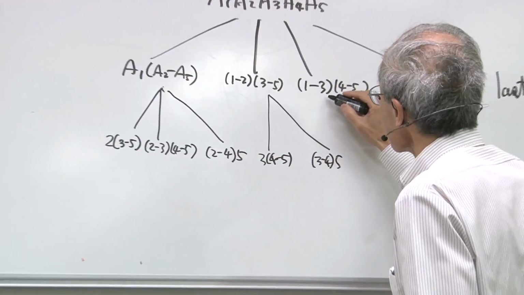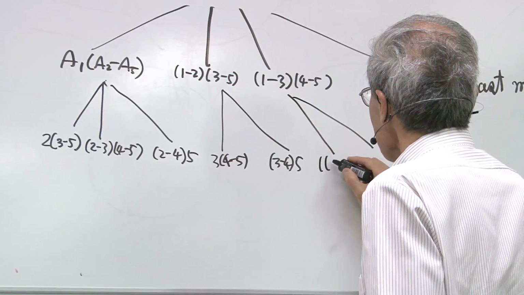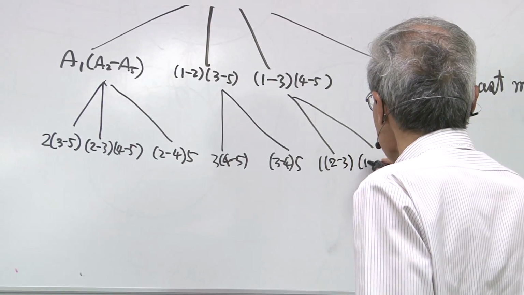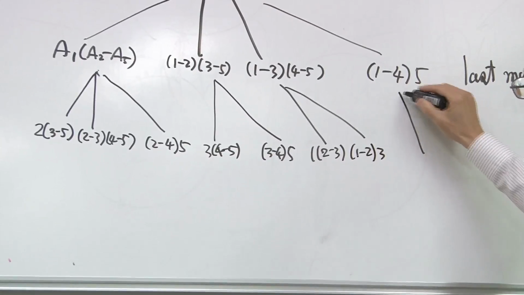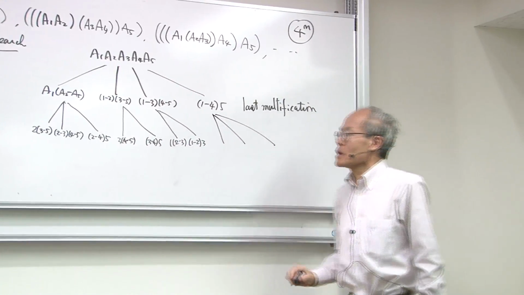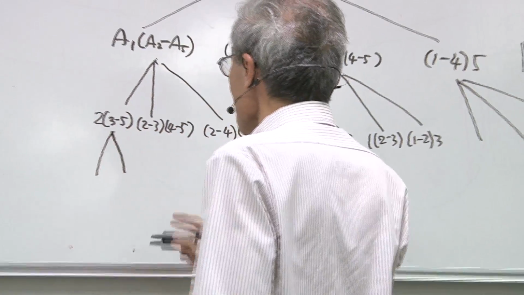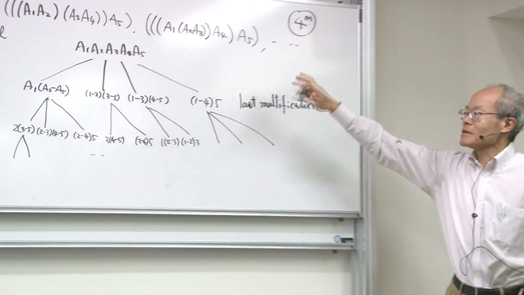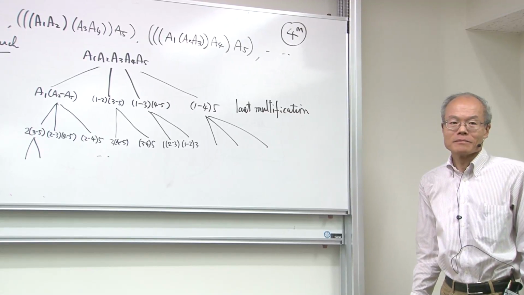And this is also 2 possibilities: 1, 2, 3. And of course, more. Then this is again 2 possibilities, and so on and so forth. So this is a search tree, an exhaustive search tree this time.